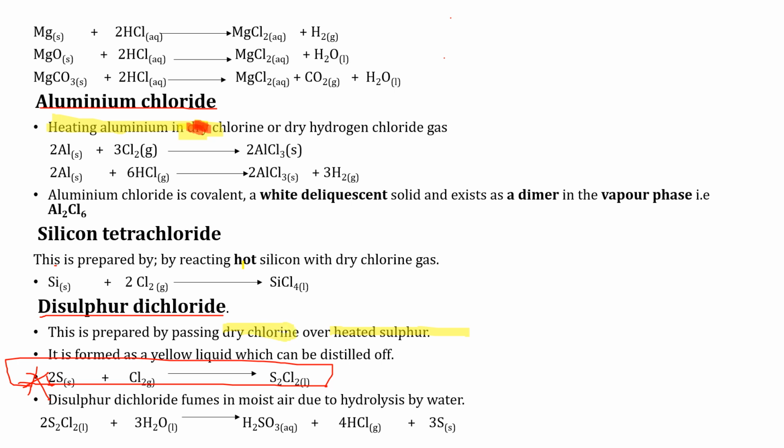So heated sulfur will always react with dry chlorine gas to form disulfur dichloride. That will be a statement. Then you give us an equation for that, showing that sulfur as a solid reacts with chlorine as a gas to form disulfur dichloride. Always listen to these notes and you understand how each of the respective compounds is named.